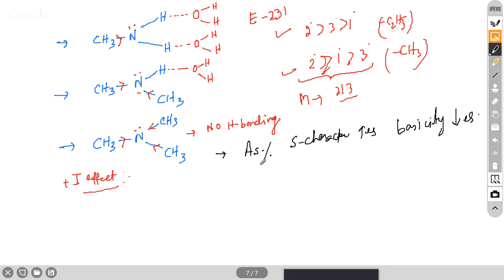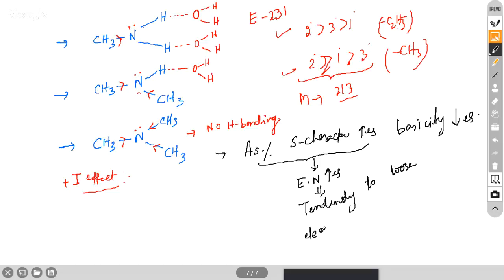Because as percentage s character increases, electronegativity increases. And when electronegativity increases, the tendency to lose electrons decreases. And that is why the basicity decreases. Is it clear?